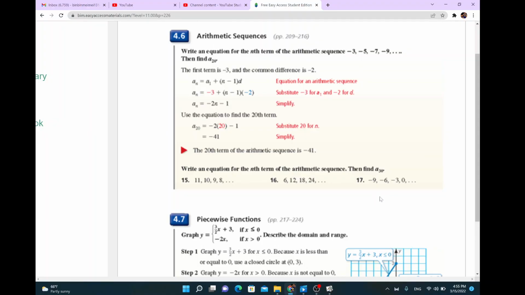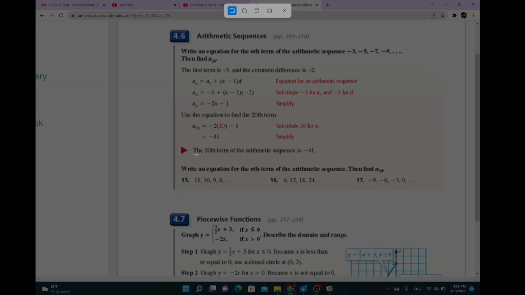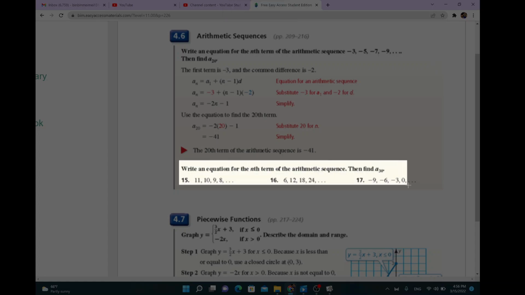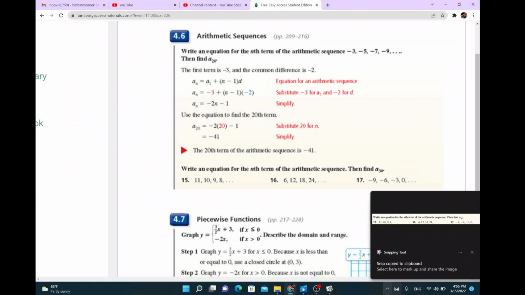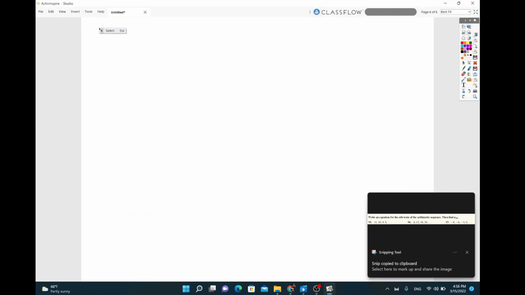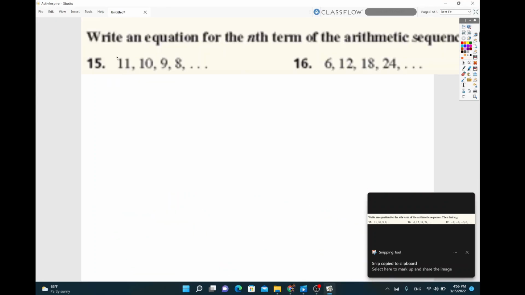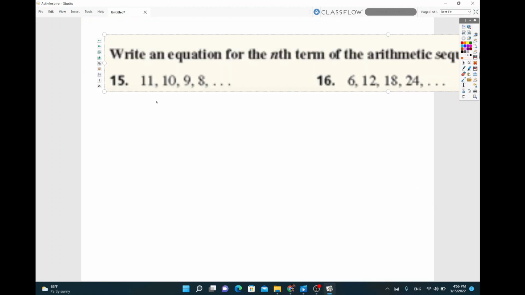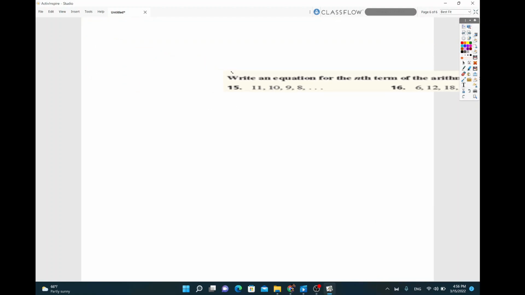Arithmetic sequences are about the pattern from one term to the next number, either by adding or subtracting. So we'll do 15 and 17. Let me put it on a new page.